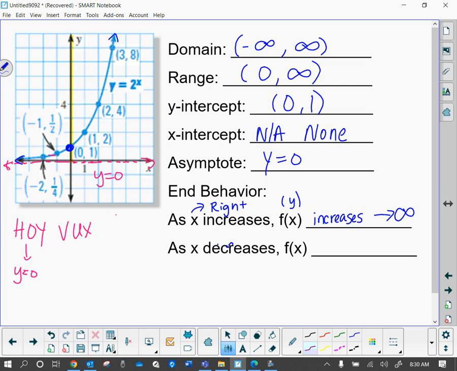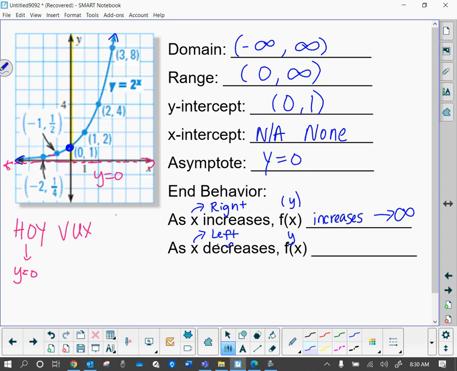Okay. As x decreases, as we look at the left side of that graph, what's going on? As we look at the x-axis on the left, what is the y doing?